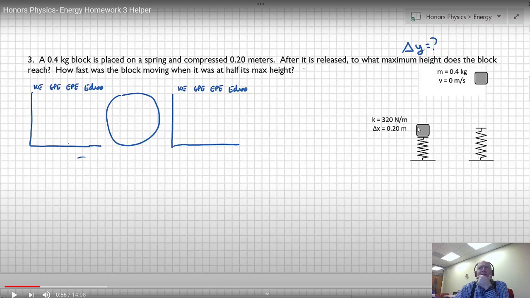After it is released, this is an interesting problem because if you put a mass on a spring, it'll just sag down, right? And eventually it'll sort of wobble, and come to a new resting place, and then you can let go and it'll just sit there. So that's not what they're saying. They're saying you've compressed it when they tell you what the spring constant is. Okay, that's what I was missing.